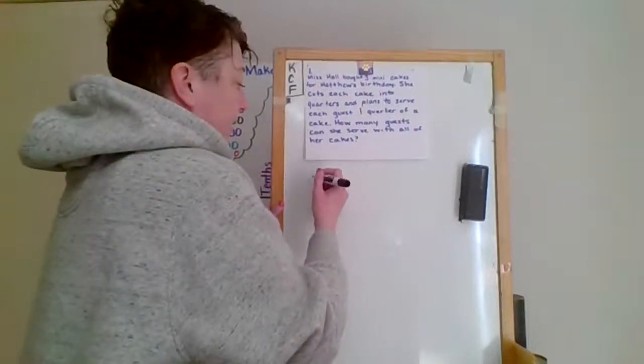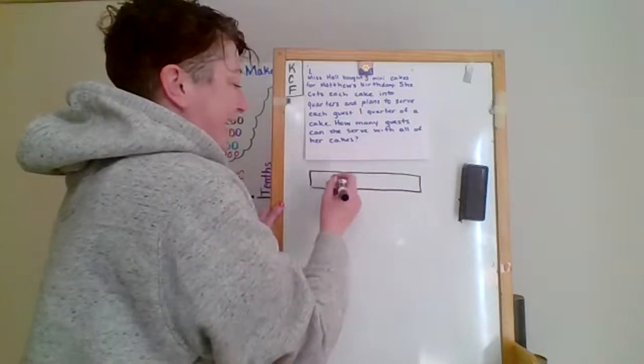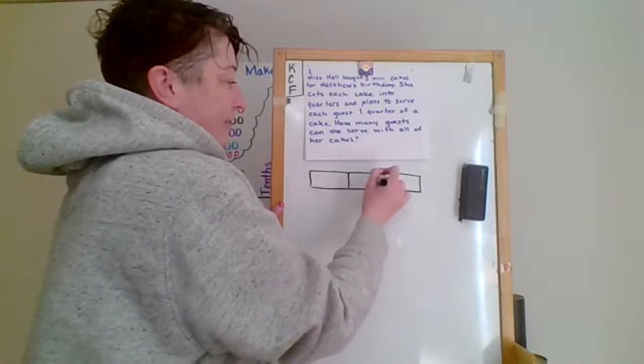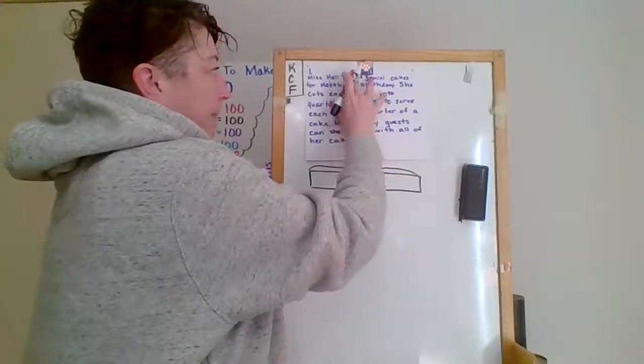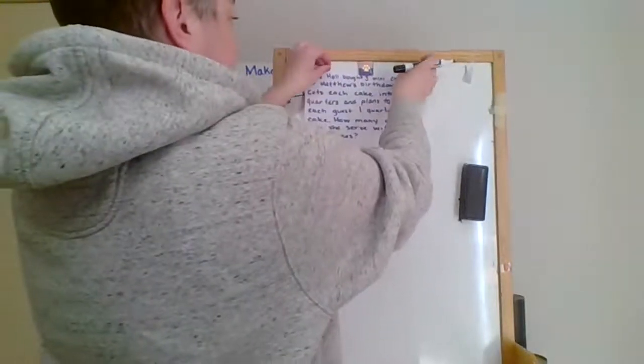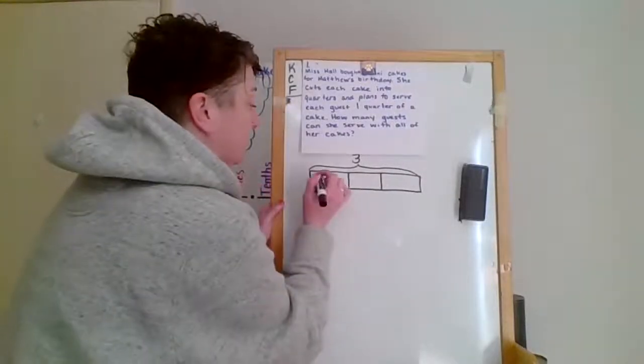Okay, so let's think about what I have here. I have 3 cakes. So this represents my 3 cakes. These cakes will be split into 4 pieces.